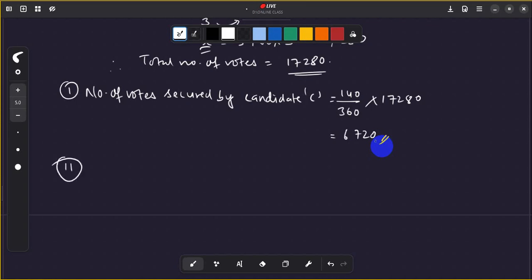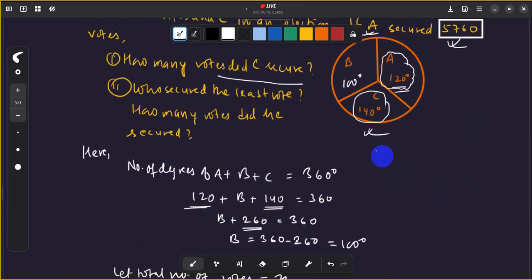The second question has asked us, who secured the least vote? Now, can you tell who secured the least vote among A, B and C, by looking at the number of degrees? Sir, I think B. Right.